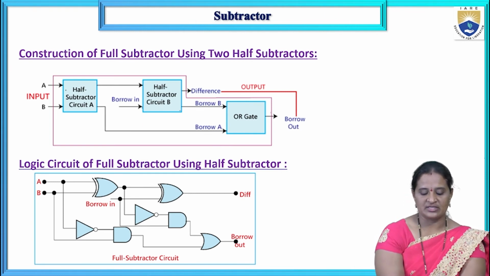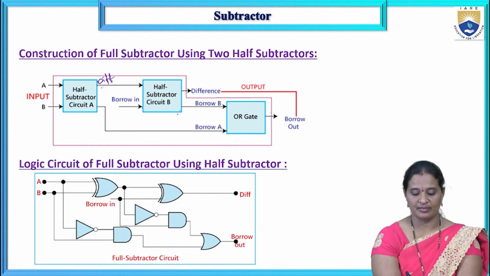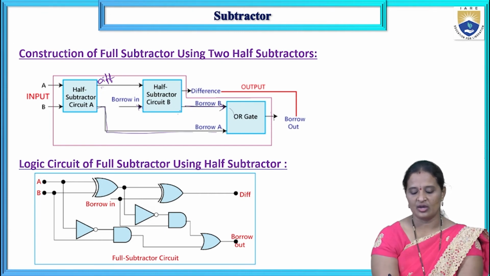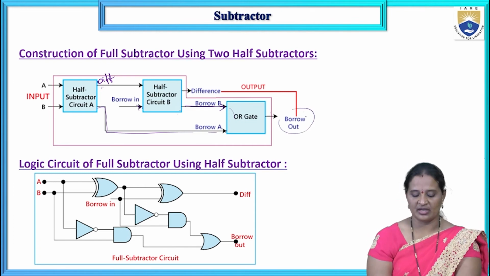The first half subtractor is given the inputs A, B, whereas for the second half subtractor, the output of the first half subtractor, which is the difference output, is given as input, and the other input is Bin. The borrow output of this one and the borrow output of the first one are given to the OR gate, so that I will be getting the borrow output. So this is the implementation here.